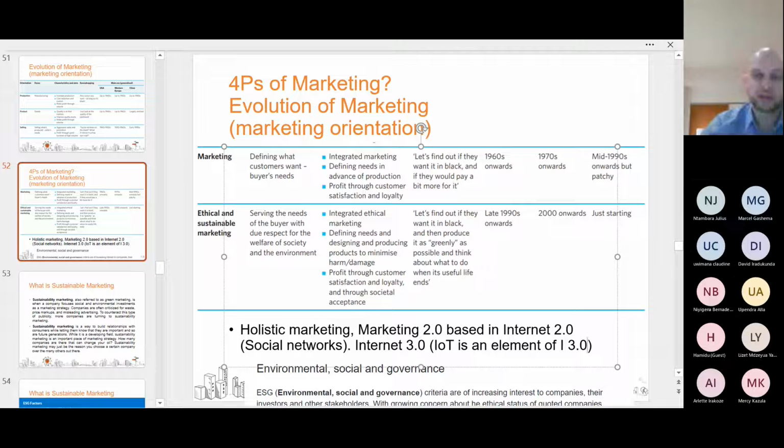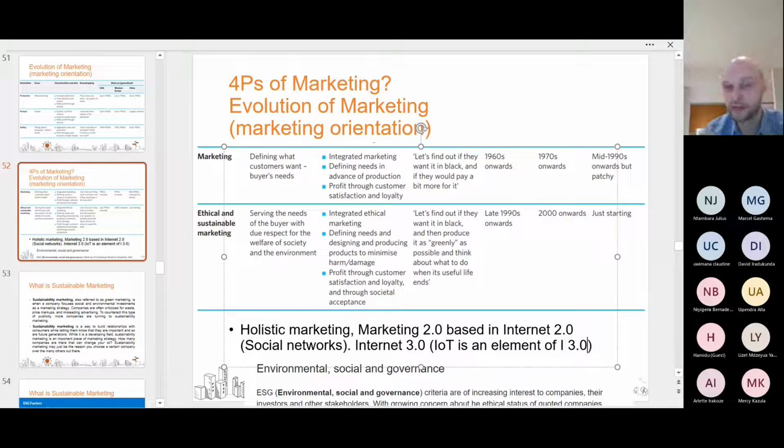Also, the development of 5G accelerates the development of modern technologies. So 5G is not only faster speed, 5G offers more connections at the same time.